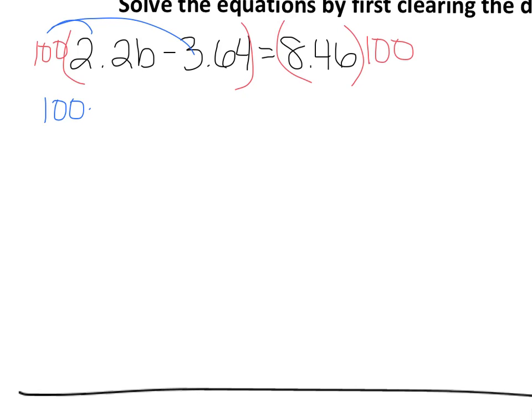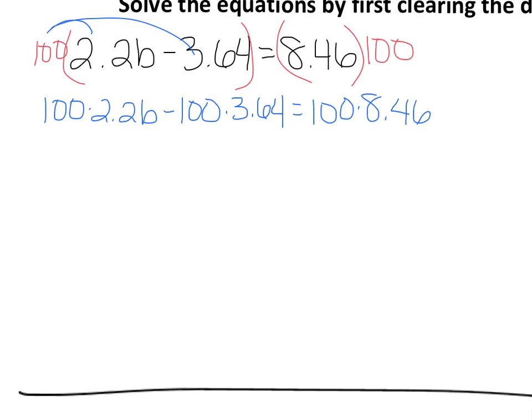So I'm going to take 100 times 2.2b minus 100 times 3.64. On the right hand side, I'm going to take 100 times 8.46. Now remember, if you multiply a number by 100, it moves the decimal 2 places to the right.